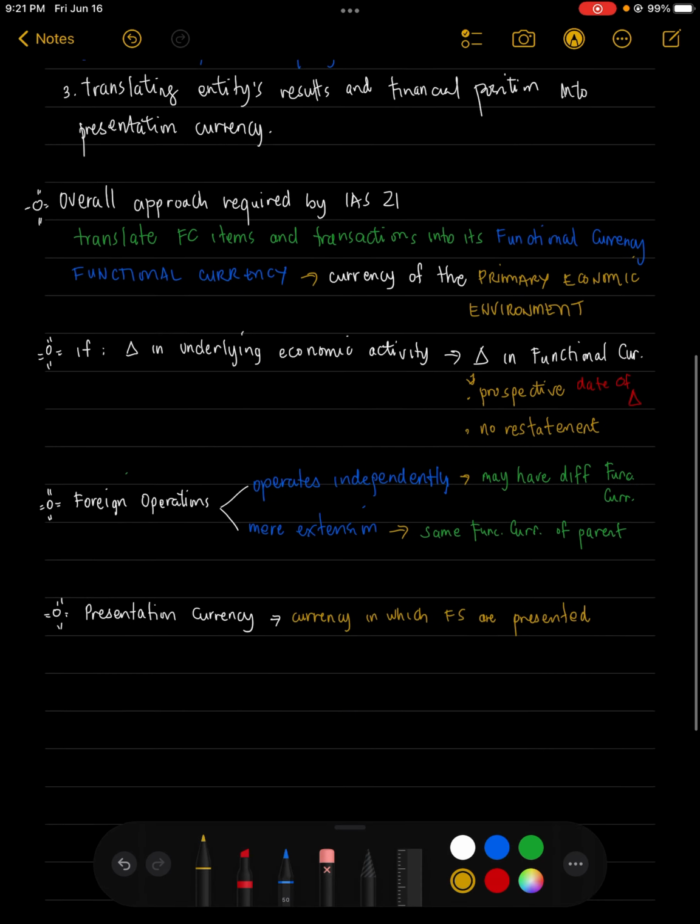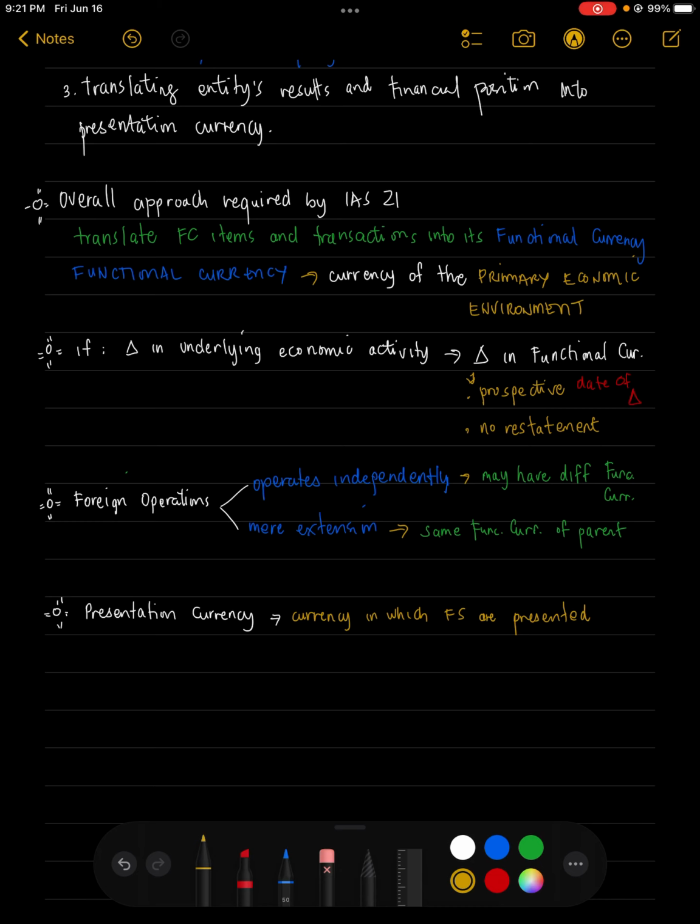Now, in terms of foreign operations, ang kailangan natin i-consider in the functional currency of foreign operation is that ang functional currency ng foreign operation is not always the same as that of the reporting entity or group. No? Depende yun if the foreign operation operates independently or it is just a mere extension of the reporting entity.